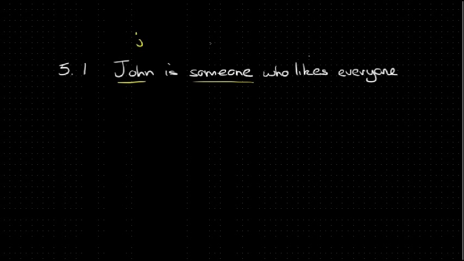So I mean, here we've got a some statement, right? That's an existential statement. Everyone designates to me that there's going to be a universal quantifier, and who likes, right? So likes is, I think, a relational predicate. Right? So we might have likes 1, 2.